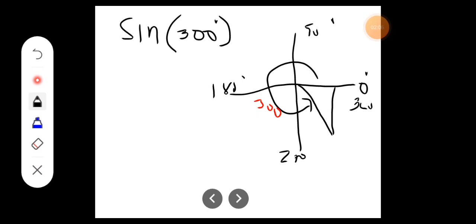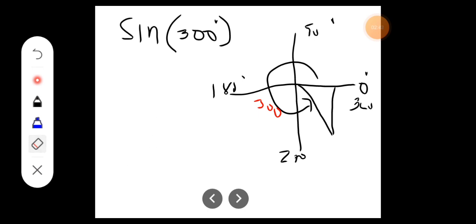Across the 30 is 1. So here is 30, 90, and 60. Then across the 60 is square root of 3, and across the 90 is 2.